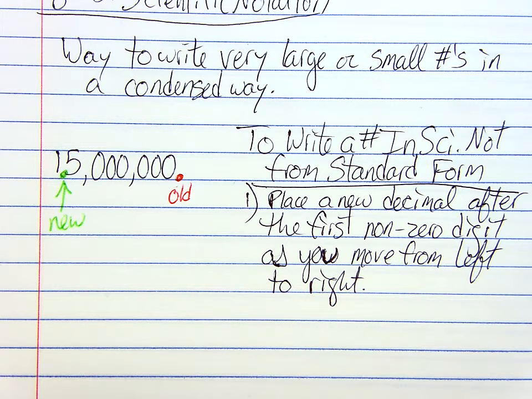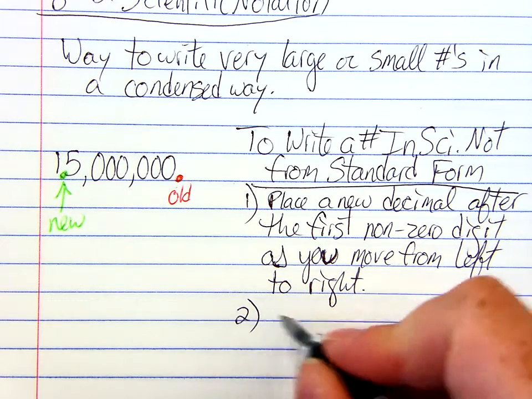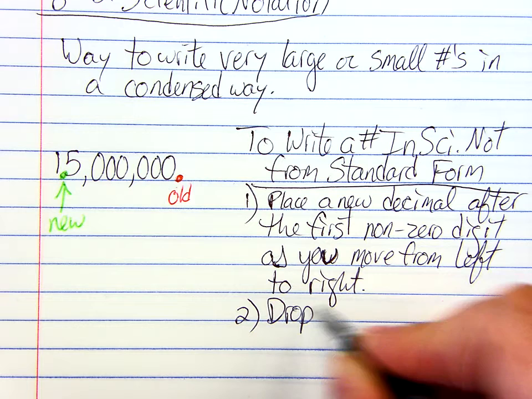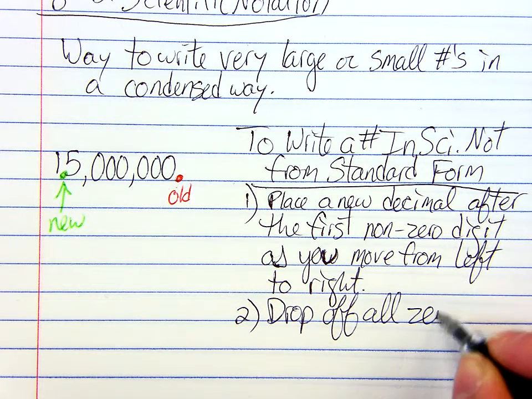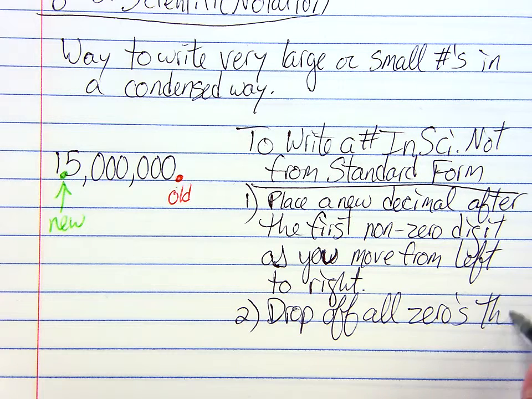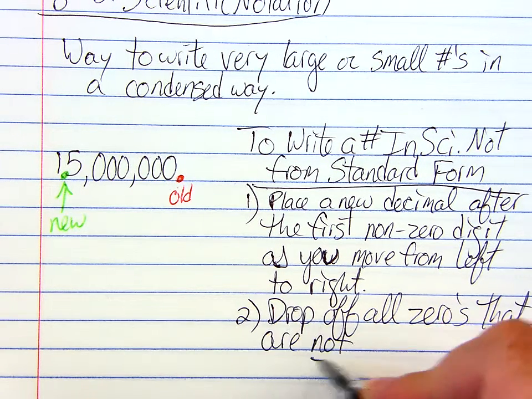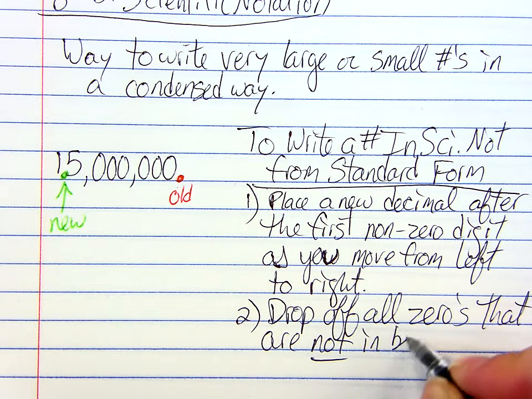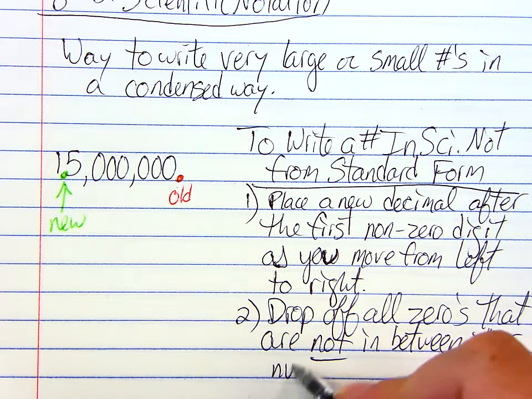Okay, so now in step 2, we're going to drop off all zeros that are not in between other numbers. What I mean by that, and I'll do an example in a minute.